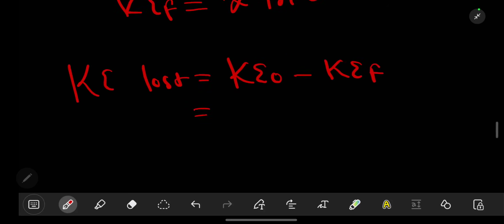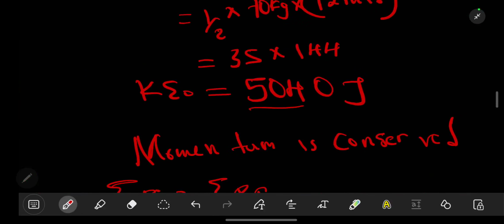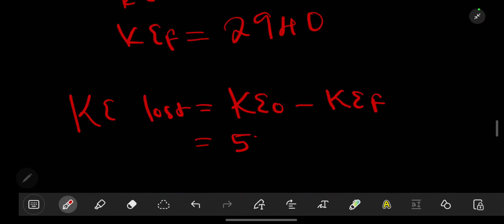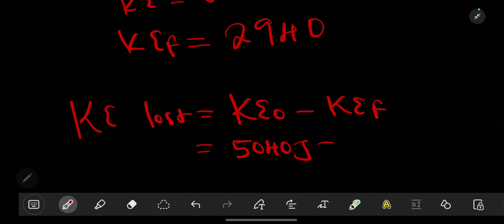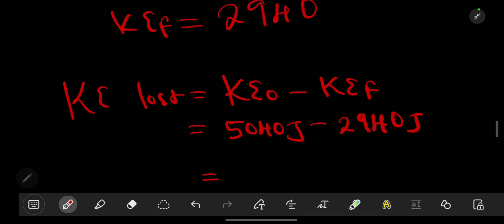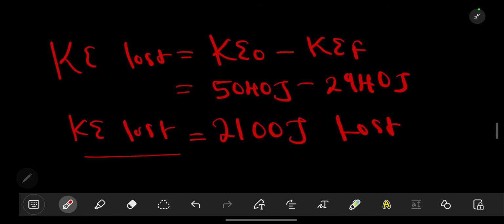So the initial kinetic energy was equal to 5,040, so we are going to say 5,040 minus the final kinetic energy, which is 2,940 joules. If I subtract the two, I'm going to have 2,100 joules. You are going to just put "lost", so that this is the kinetic energy lost. So that is how we solve that one.